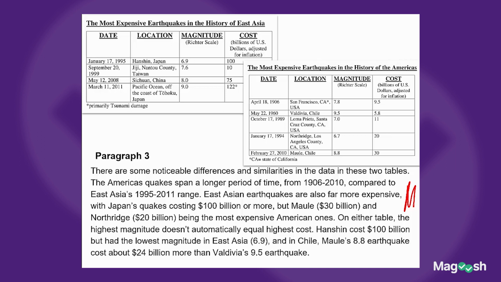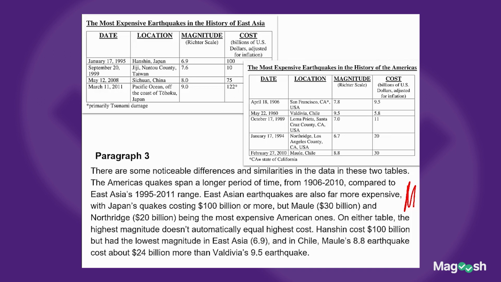Okay, finishing the paragraph. On either table, the highest magnitude doesn't automatically equal highest cost. Hanshin cost $100 billion, but had the lowest magnitude in East Asia, 6.9. And in Chile, Maule's 8.8 earthquake cost about $24 billion more than Valdivia's 9.5 earthquake.